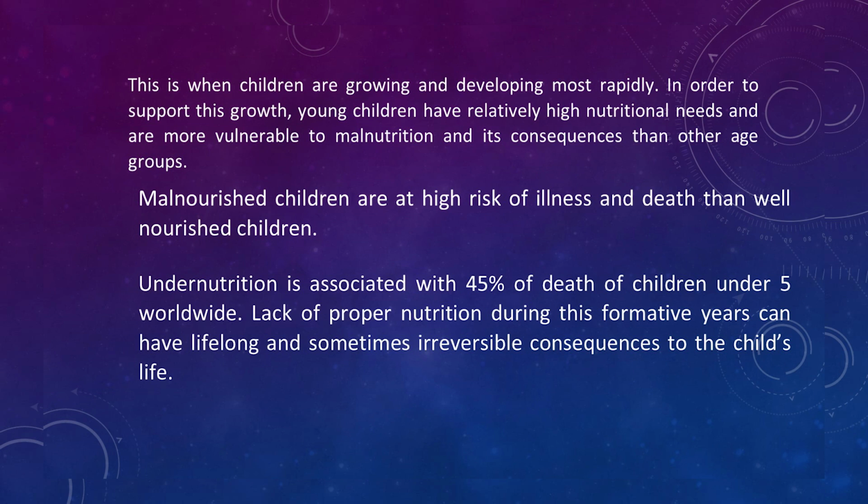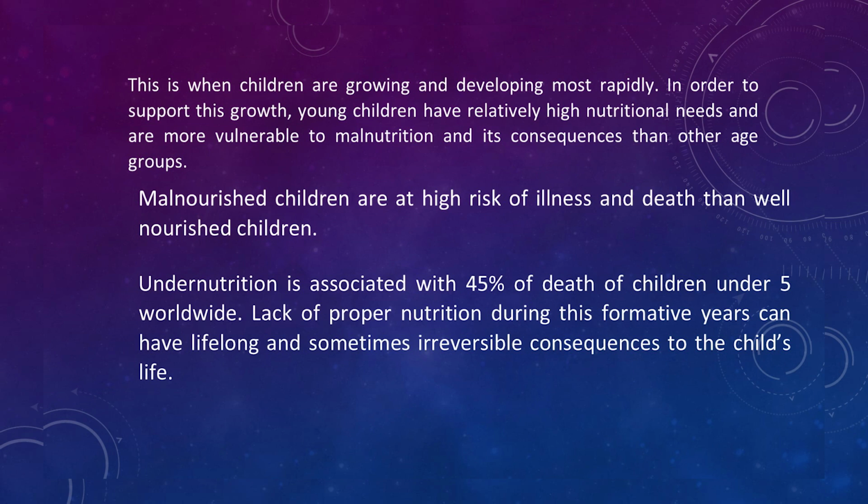Malnourished children are at a higher risk of illness and death than well-nourished children. They may have low immunity, so there are more chances of infectious diseases and death also. Undernutrition is associated with 45% of deaths of children under 5 worldwide. So, undernutrition is a big cause of worry all over the world.